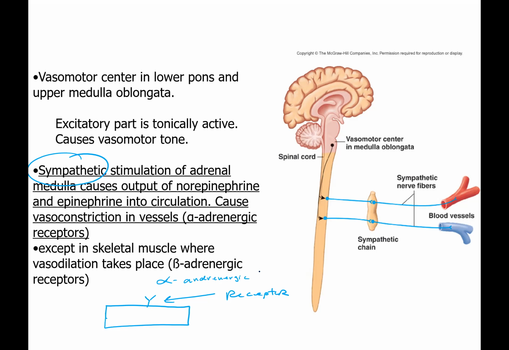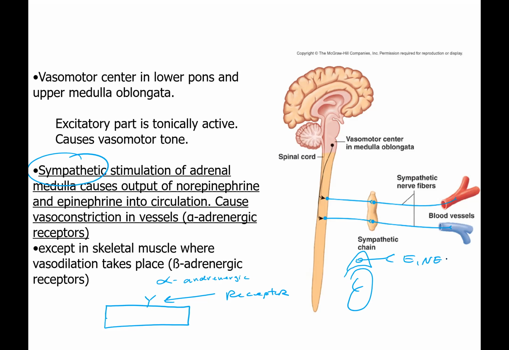What happens is when your sympathetic nervous system, via the adrenal medulla, remember the adrenal medulla, here's the kidneys, there's the adrenals, the medulla's in the middle, it releases your epinephrine and norepinephrine.